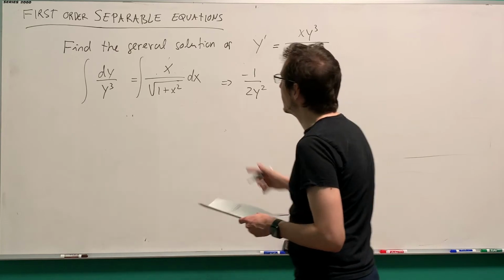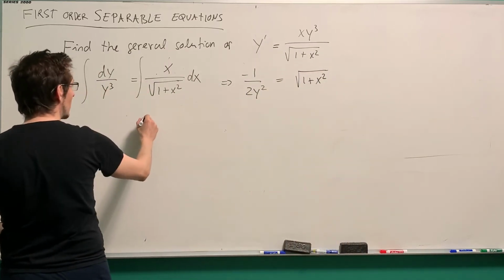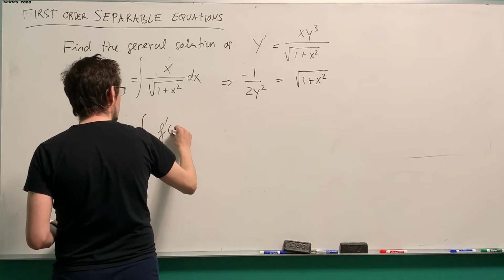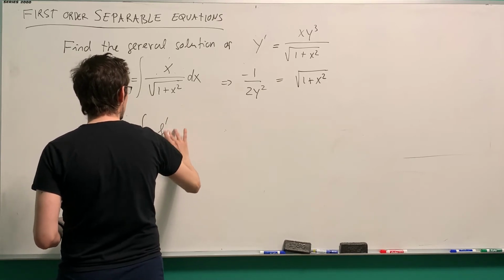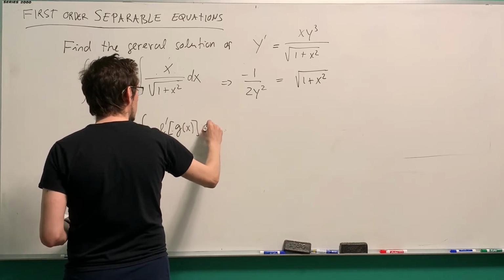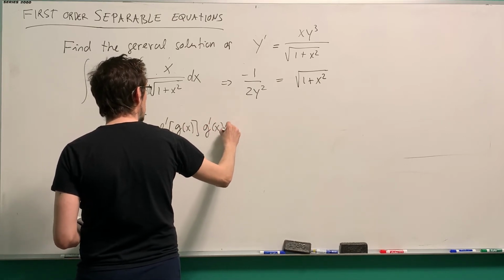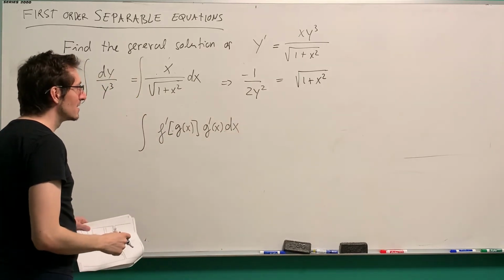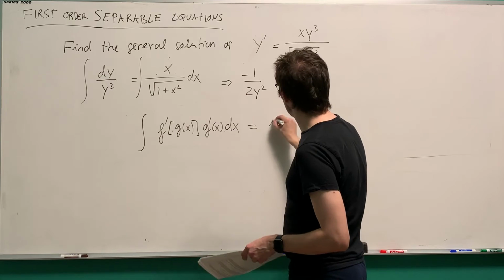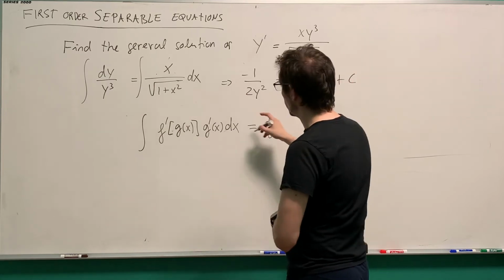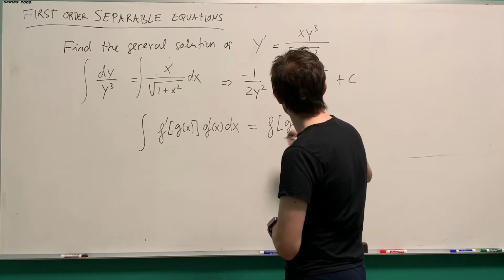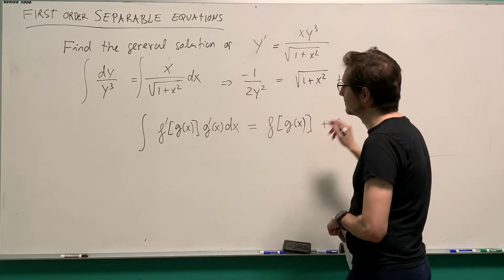This is an example of an integral where you have the derivative of some function, let's say g prime of x dx. If you have that, then this thing is equal to f of g of x plus a constant, of course.